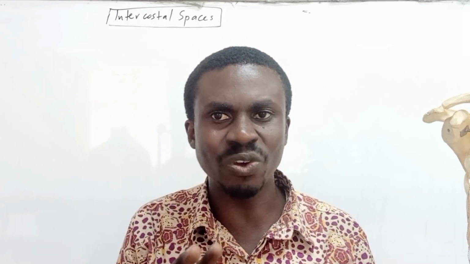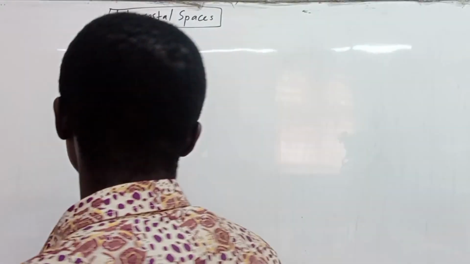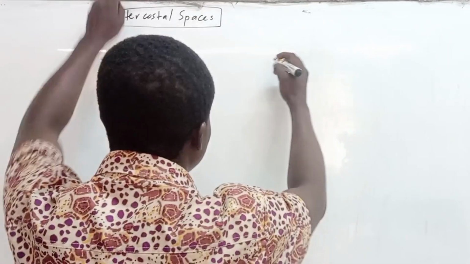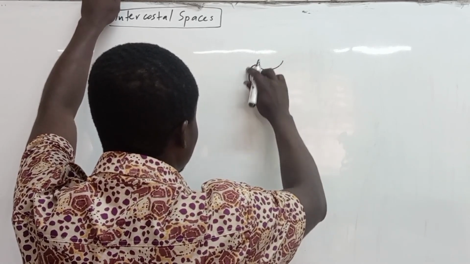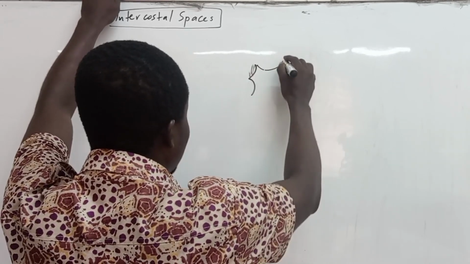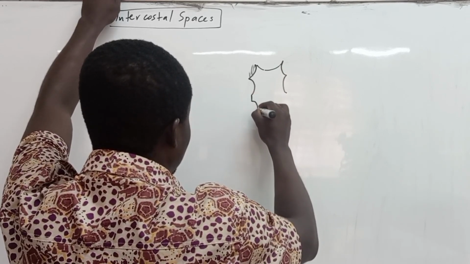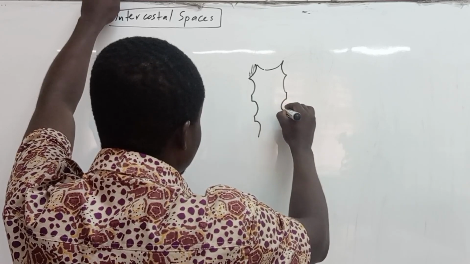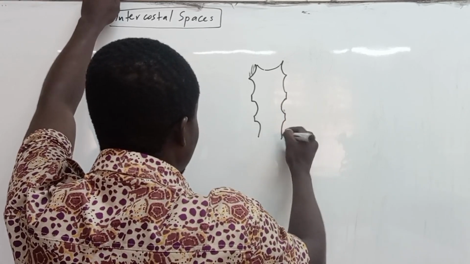For the posterior intercostal artery, let me just sketch out something for you, and then we take it from there. Assuming I am looking at this, this is my sternum. Now let's say I have the sternum over here. And so on.